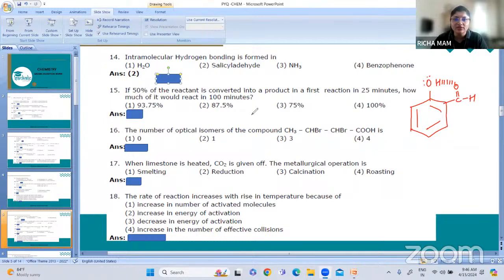15th question. What is the answer? Madan has answered it as 4. V. Linga Kani has answered it as 1. Vamshi Krishna has answered it as 4.